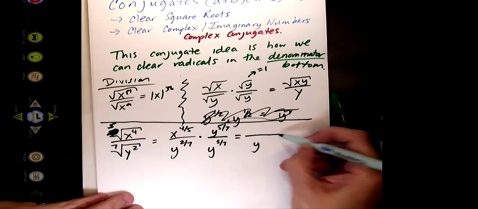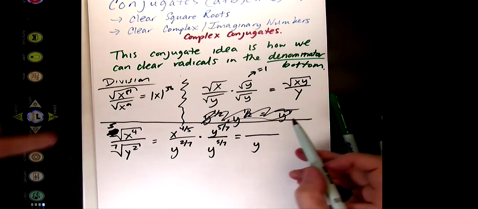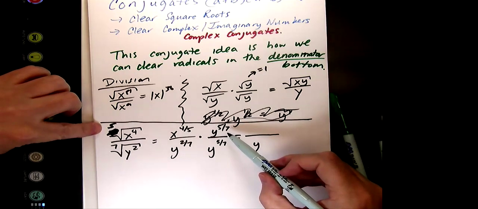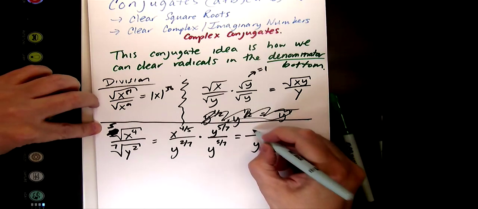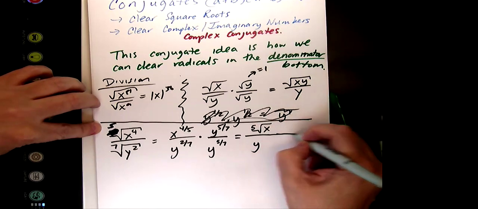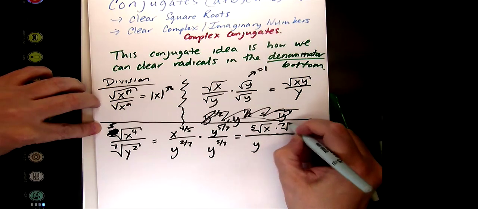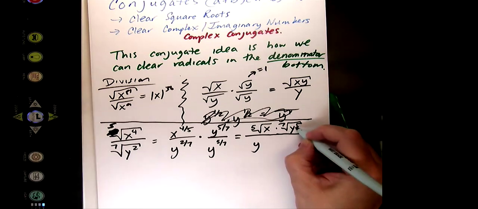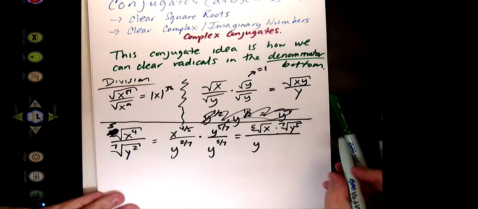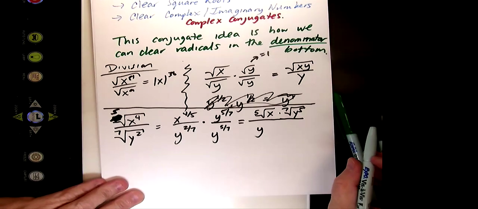And I can't combine these as is. This is still 5th root of x to the 4th times the 7th root of y to the 5th. The way we could choose to combine them is get a common denominator.